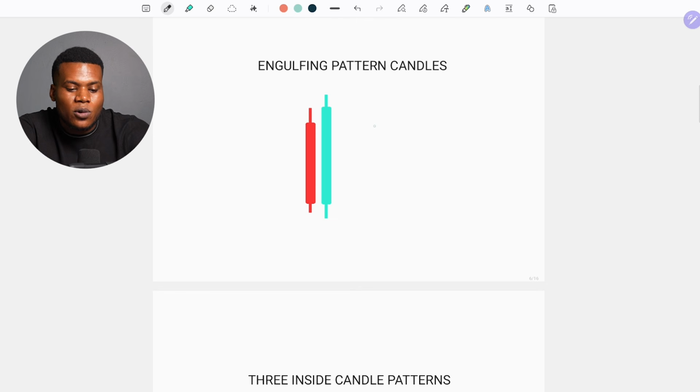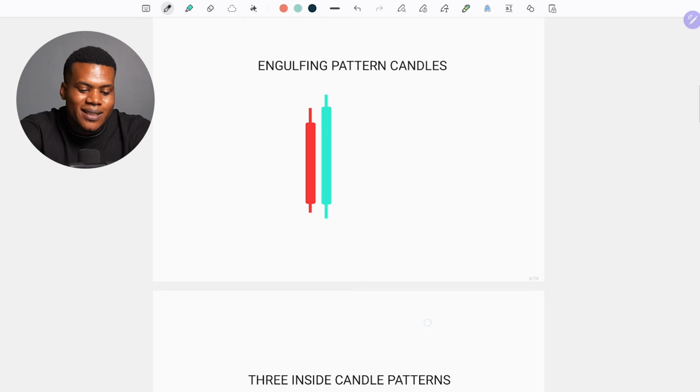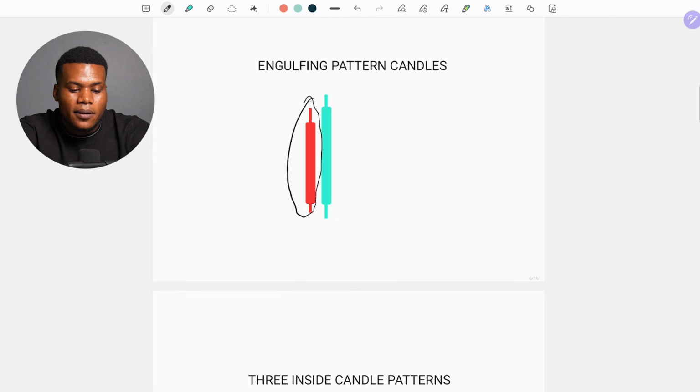So we go to what we call the engulfing pattern. So this candle is telling us what? It is telling us that, for example, if each candle is representing 1 hour, in the first hour, there were a lot of sellers. But in the next hour, sellers lost the momentum and buyers took the control.